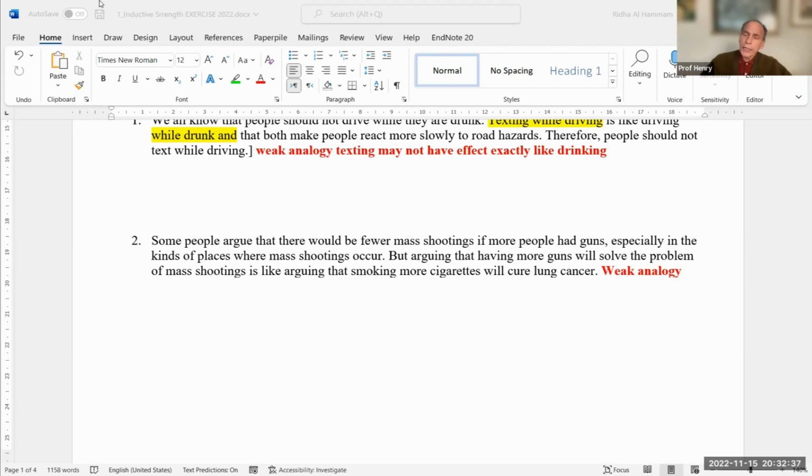So you're more likely to be right to say more smoking doesn't cause less cancer. Okay, all right, good.